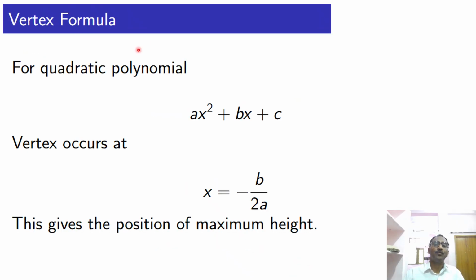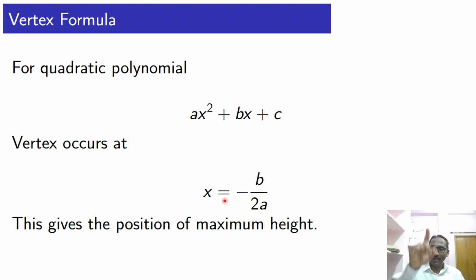Now the vertex formula. For a quadratic polynomial ax square plus bx plus c, the vertex occurs at x equal to minus b by 2a. So at x equal to minus b by 2a, you will have a maximum or minimum. Here in the graph they gave x equal to 1.